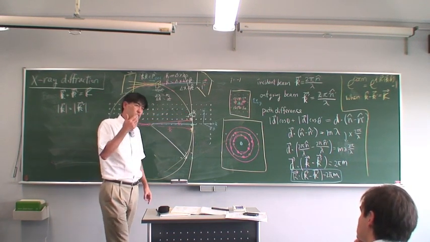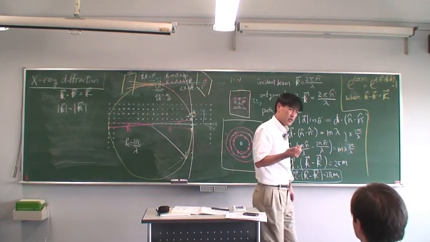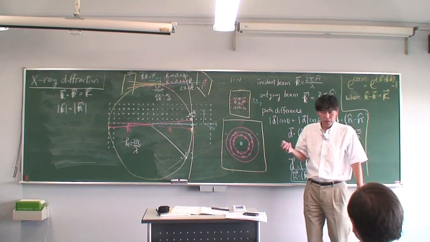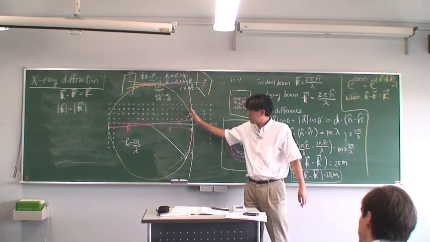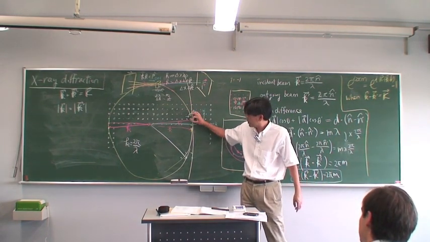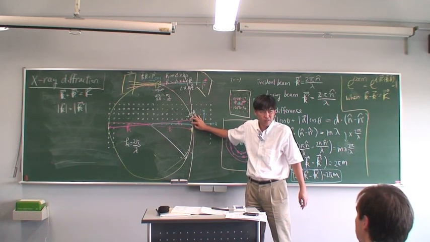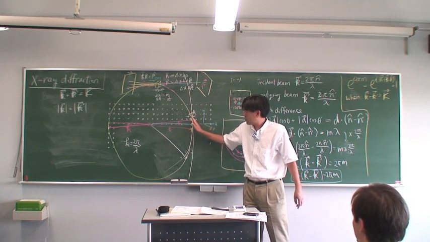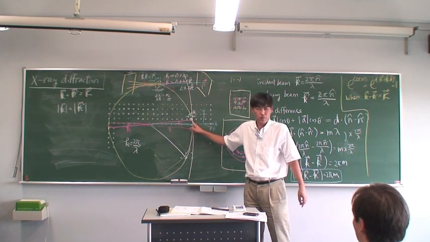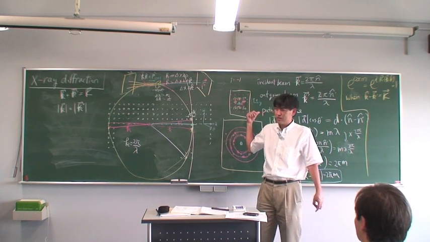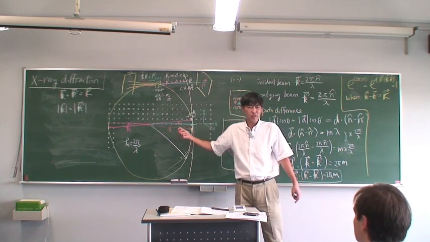So I said Bragg condition and Laue condition are the same, and yes, that's true, but because this point has volume, it overlaps with this sphere. So this is off from the Bragg condition, but we still observe diffraction using Laue's condition.